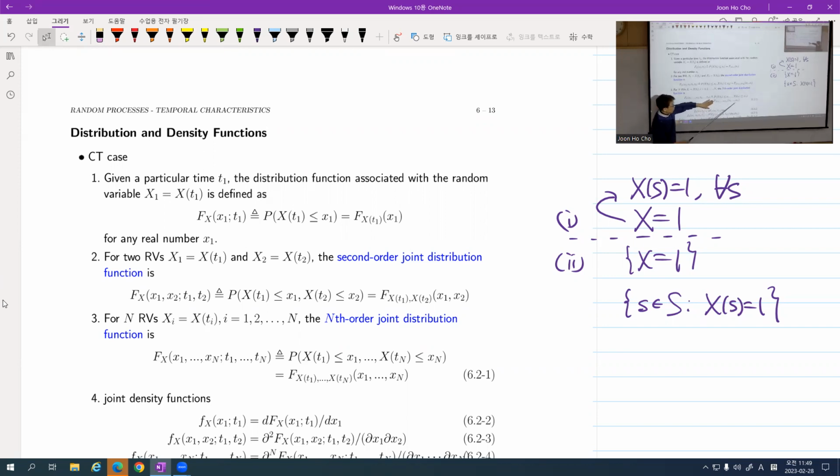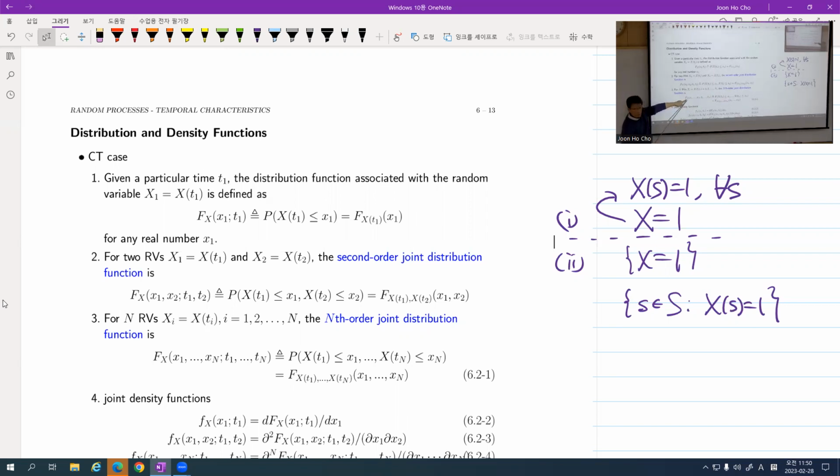This notation means the probability of the event that the first random variable is less than or equal to the first argument, the second random variable is less than or equal to the second argument, and the last random variable is less than or equal to this last argument. And you have your invisible curly brackets to denote that this is an event. Many textbooks, including the Peebles textbook, have this notation.